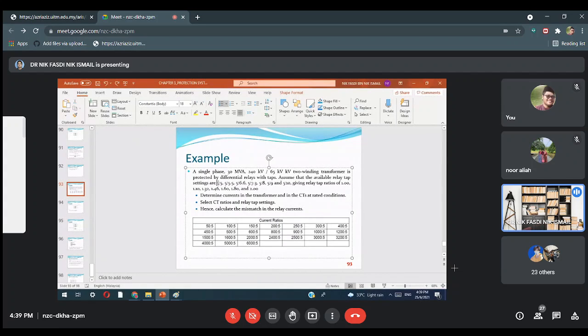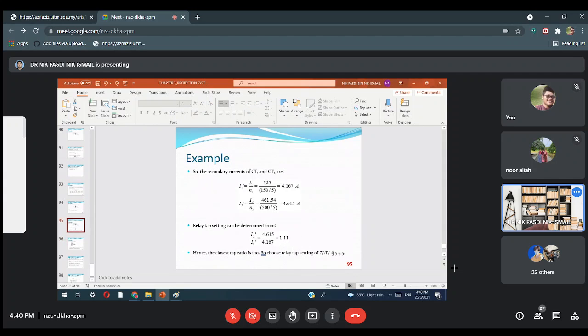Maksudnya kalau you pakai 5.5, you kena pakai ratio 1. If you use 5 ratio with 5.5, you have to select this one. So dalam soalan ni, after they do the calculation, you dapatlah the close value of this 1.10, which is refer to this setting 5 ratio 5.5.